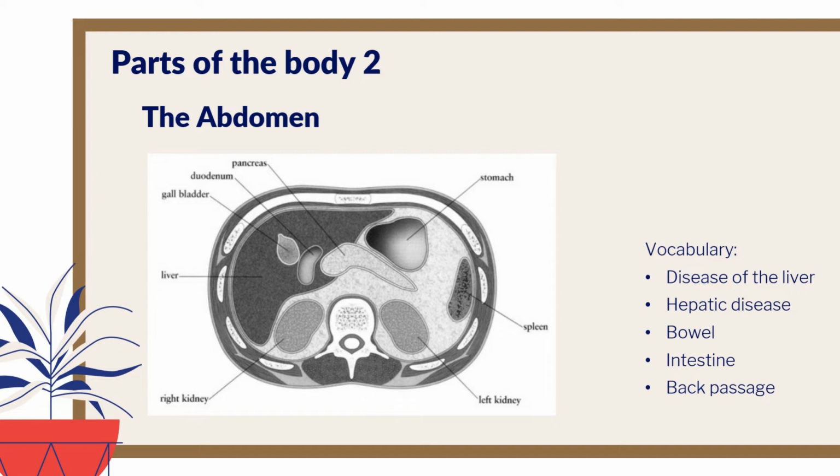Okay, so you have here a section of the abdomen. First, we have pancreas. Then we have duodenum. Gallbladder.